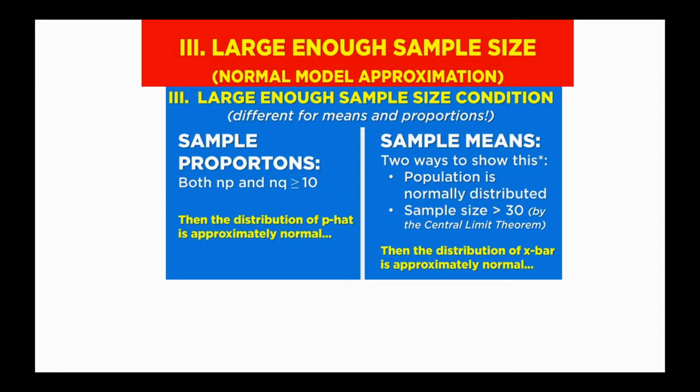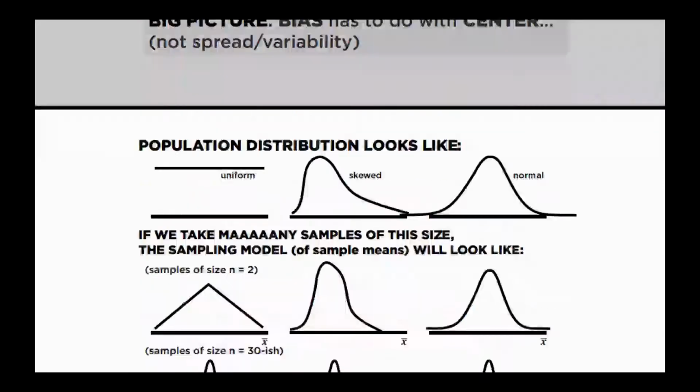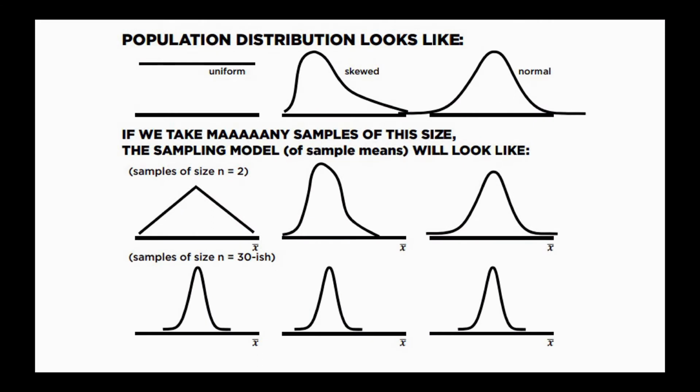If you remember the last slide of the last notes, what happened to each of the top ones as we took bigger and bigger sample sizes? As we raised the sample size, what happened to the shape? Exactly, it started to look more normal, with less variability.